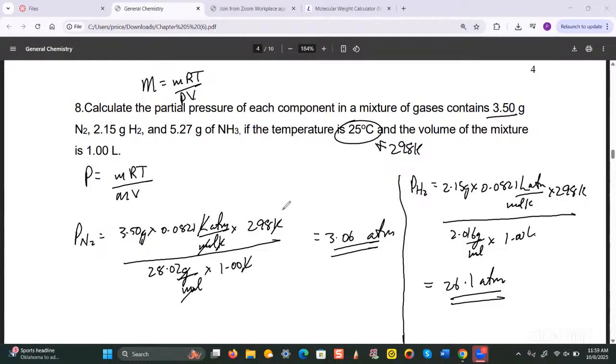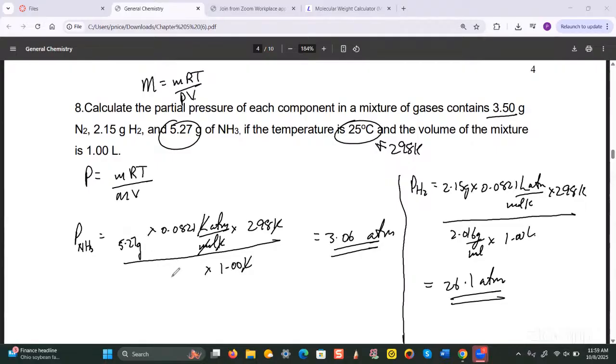Okay, so in the case of ammonia, I'm going to be lazy here. I'm going to erase this here, and erase this here. And since we're working with ammonia, I'm going to put NH3 here. Here, I'm going to put the mass of ammonia, which is given as 5.27 grams.